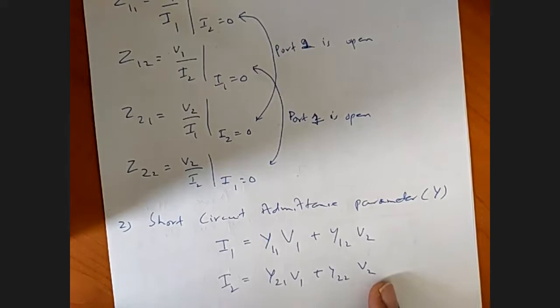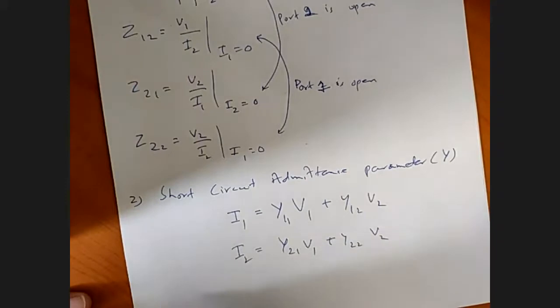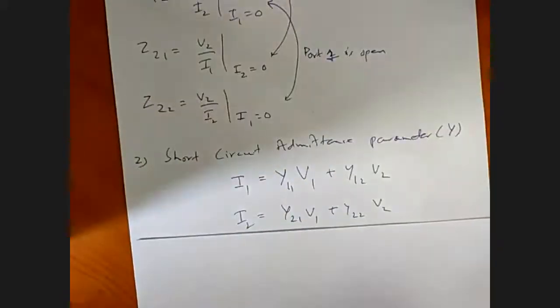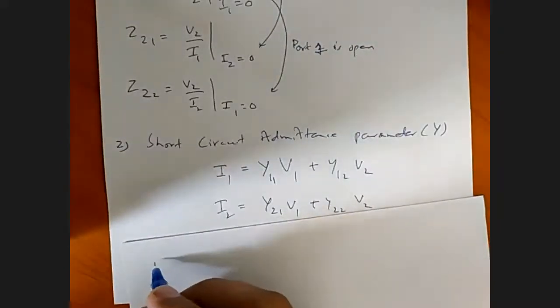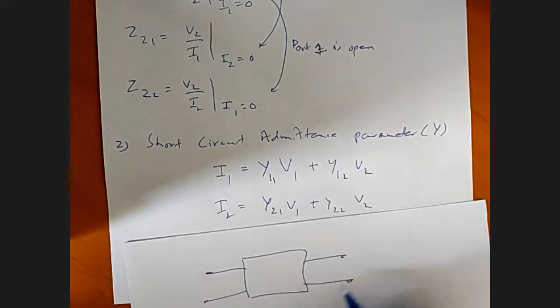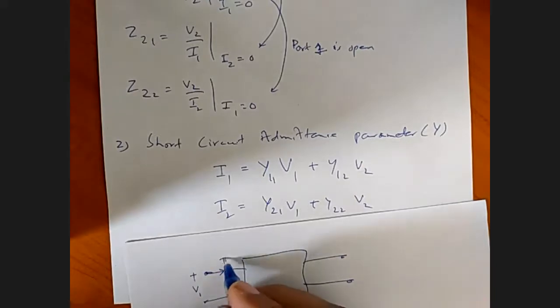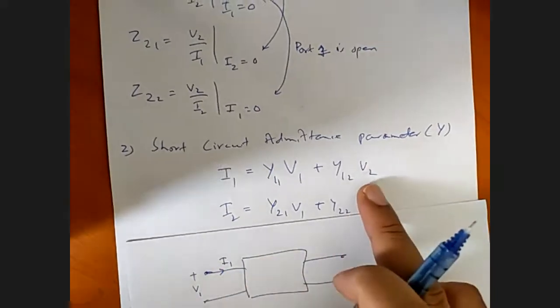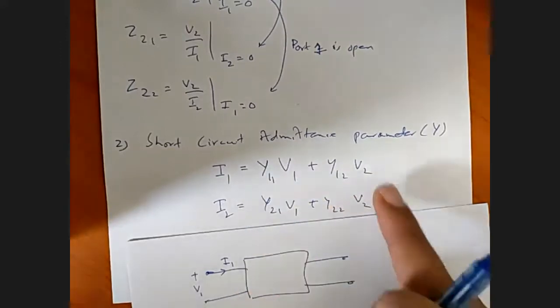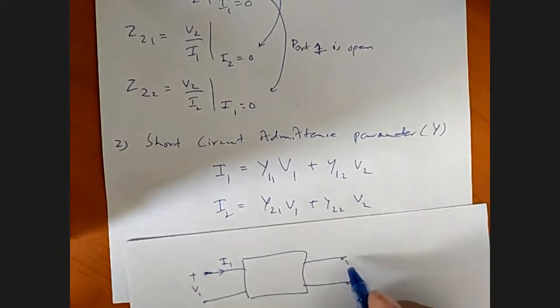So to find out Y11 and Y21, I have to make V2 equal to 0, and to make V2 equal to 0, I have to make it short circuit.